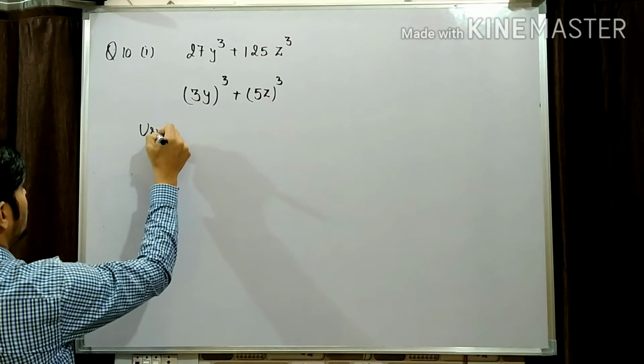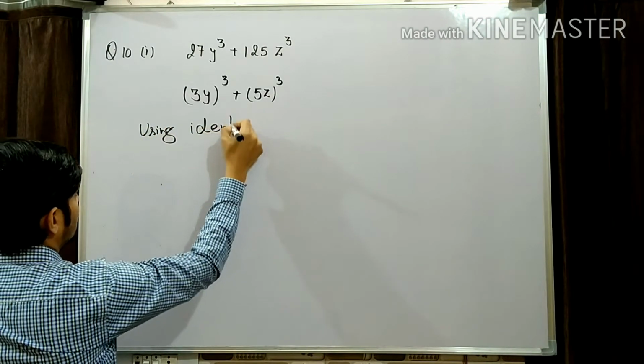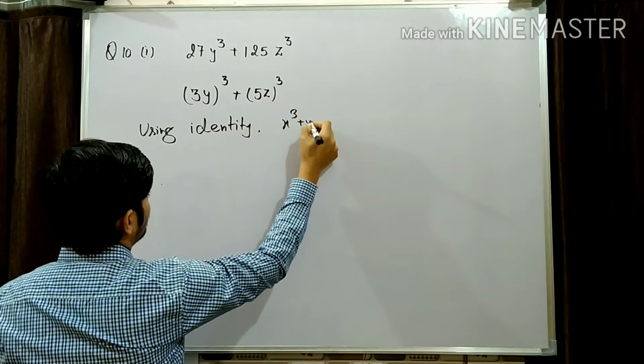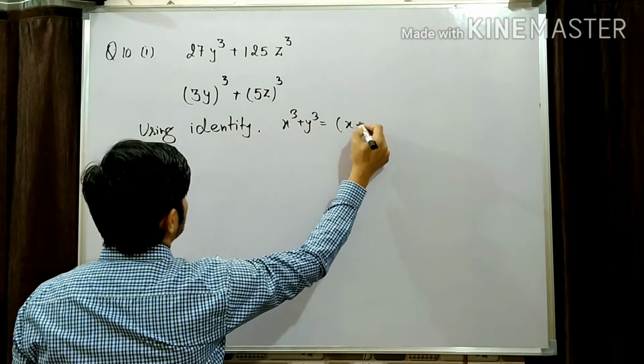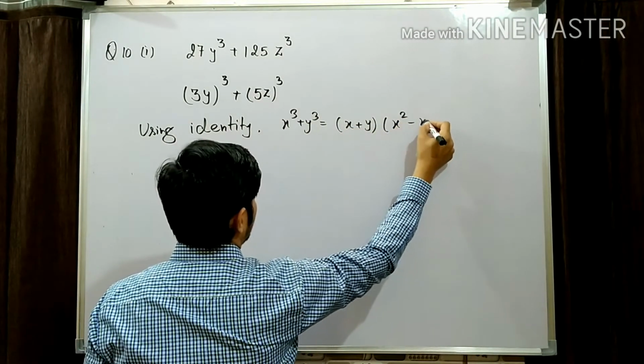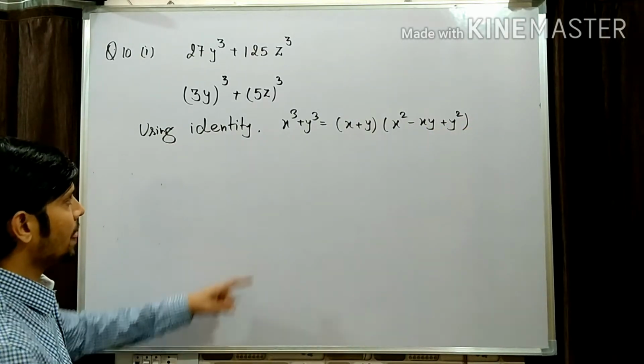Now which identity will we use here? This is x cube plus y cube equals x plus y in one bracket, and in the other bracket x square minus xy plus y square. This identity we will use here.